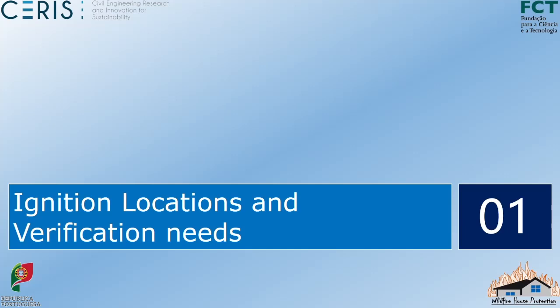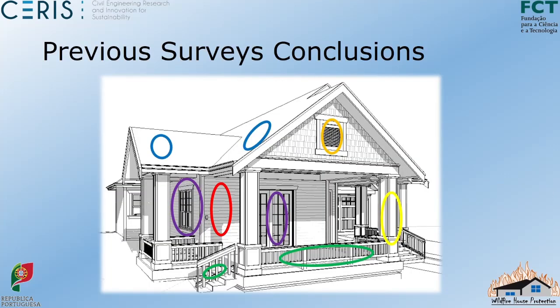So, ignition locations and verification needs. We already presented this a few videos ago. We did some surveys and analyzed some reports from other specialists concerning problems about ignitions in houses due to wildfire, and we spotted the main problems that start the ignition in dwellings.